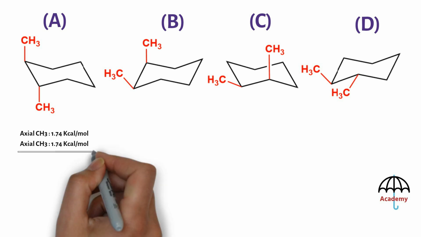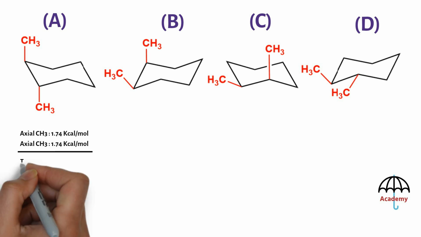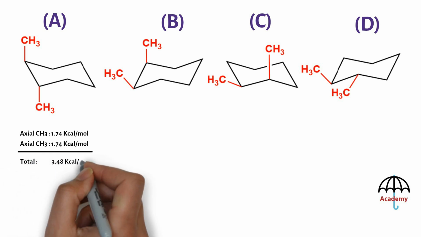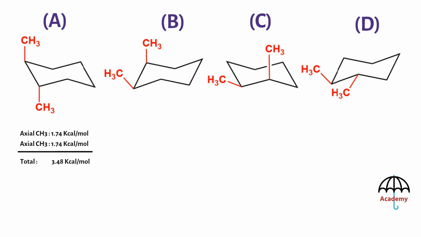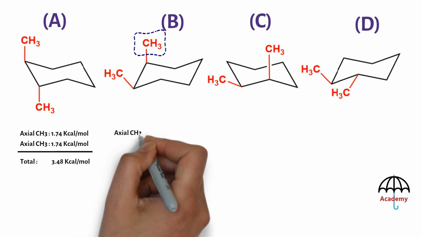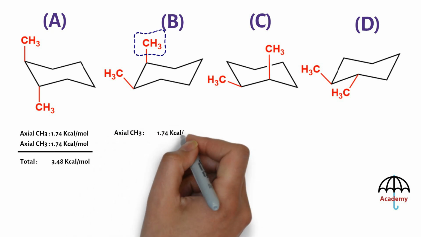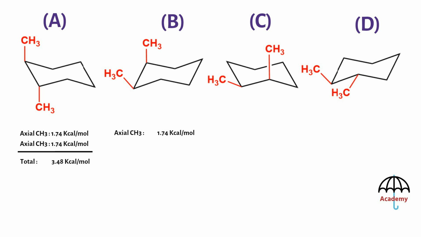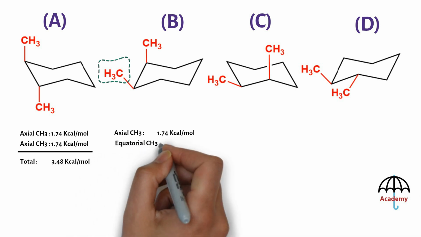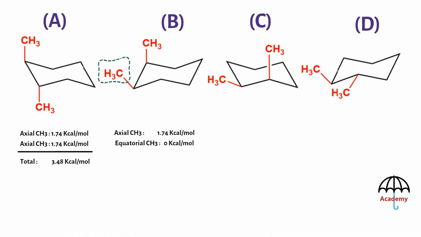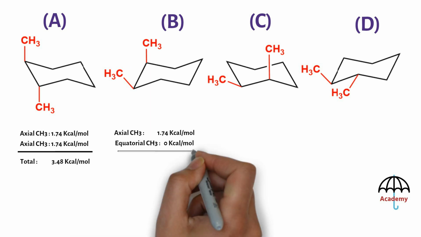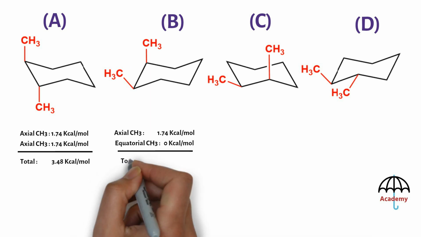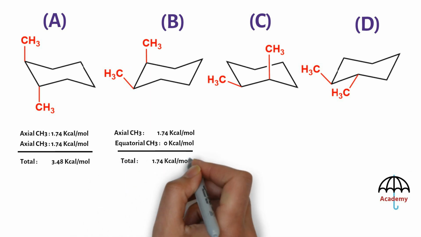Adding the two values, the total torsional strain is 3.48 kilocalories per mole. For the conformer B, the axial methyl contributes 1.74 kilocalories per mole. The equatorial methyl doesn't contribute any torsional strain. The total torsional strain in the conformer B is 1.74 kilocalories per mole.